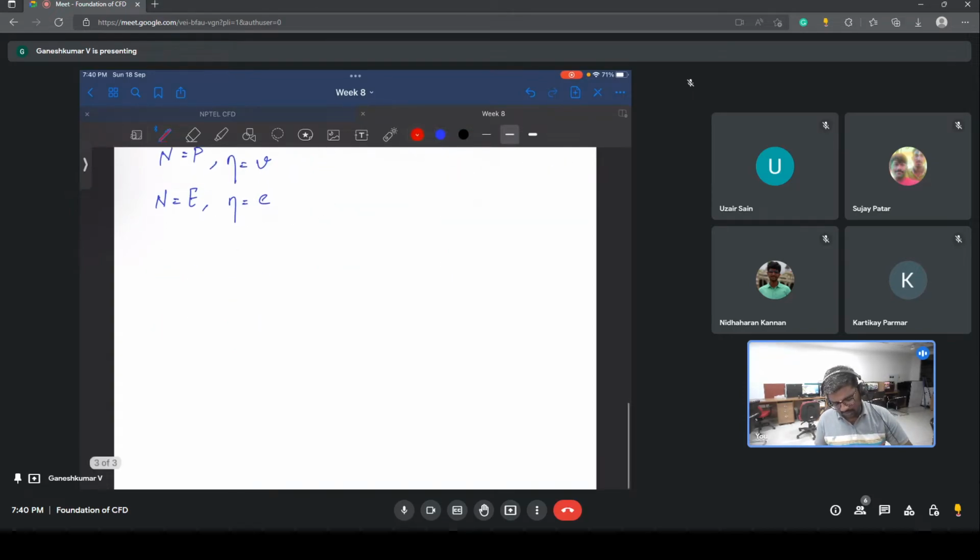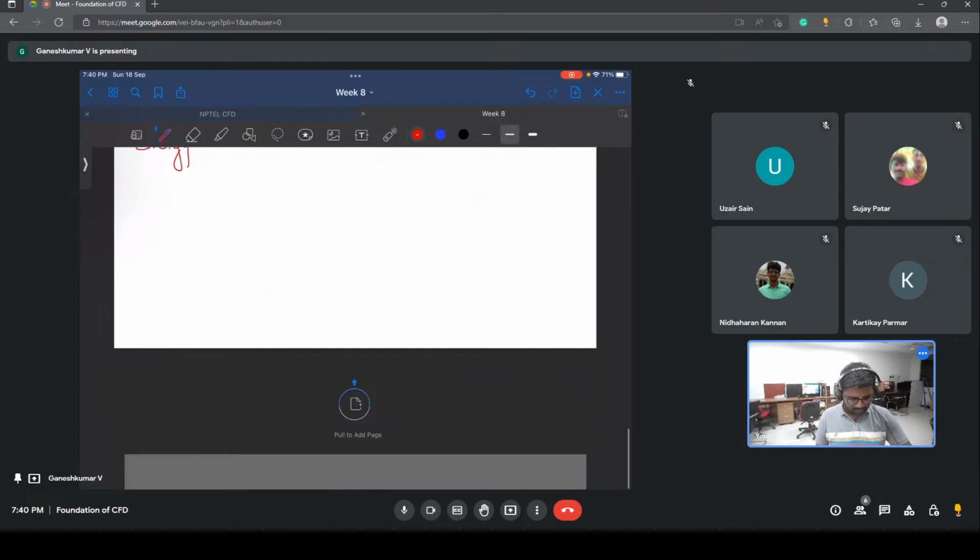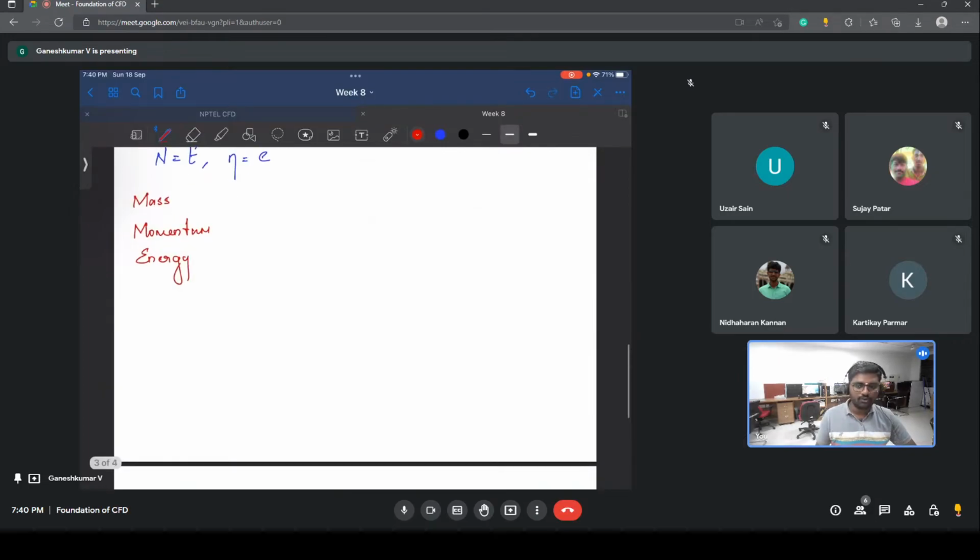So we have three governing equations: mass, momentum and energy, right? I'm not writing them because we already wrote them a lot of times in this course. We have three equations for any flow, and we need to satisfy these three equations.